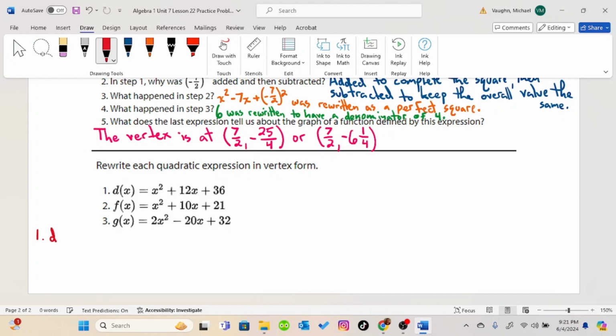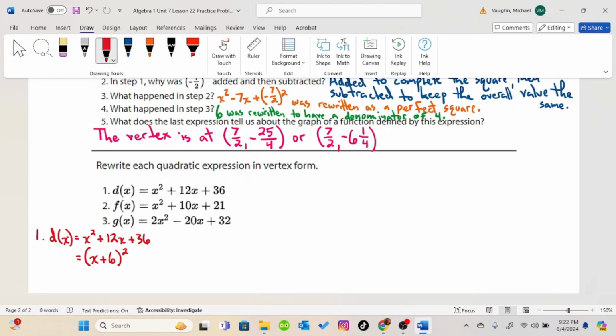We have d of x equals x squared plus 12x plus 36. Well, this is already a perfect square. I'm just going to rewrite this as x plus 6 squared.